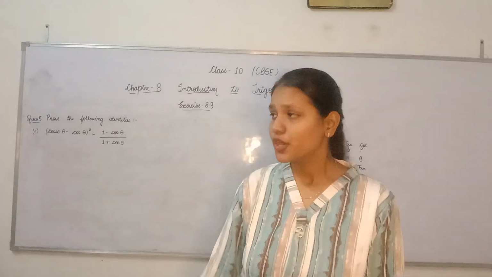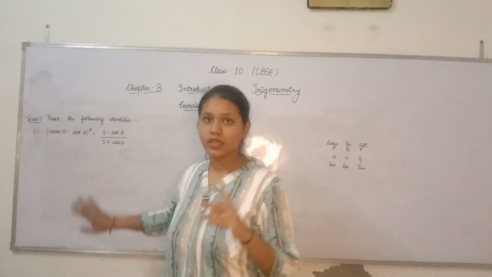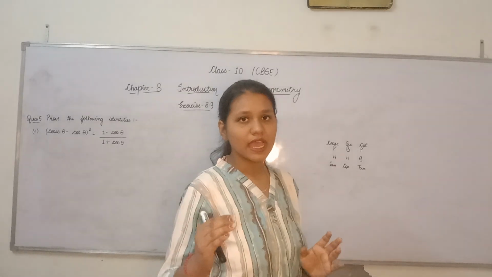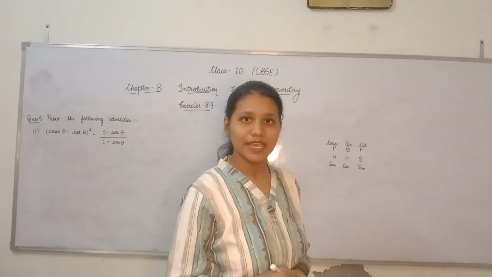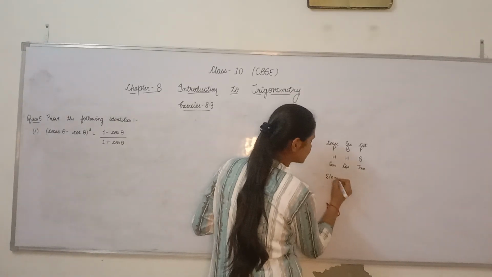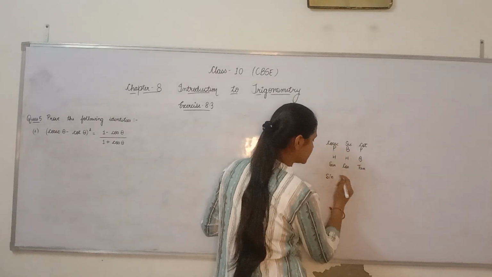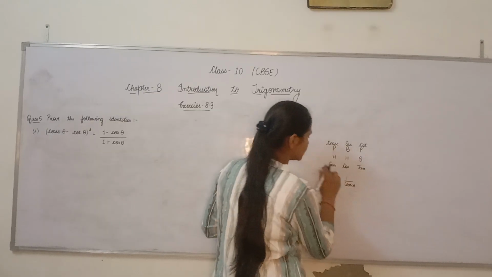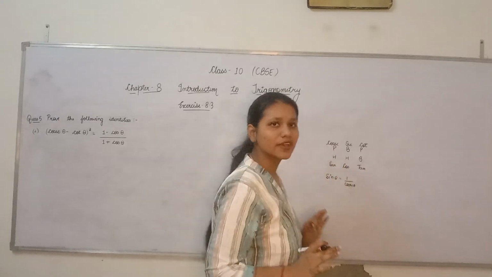the equation. So before doing this question, first of all we have to know about the reciprocals of some trigonometric ratios. That is, sine should be written in the form of cosecant. That is, sine theta is equal to 1 upon cosecant theta. These are the reciprocals of each other.